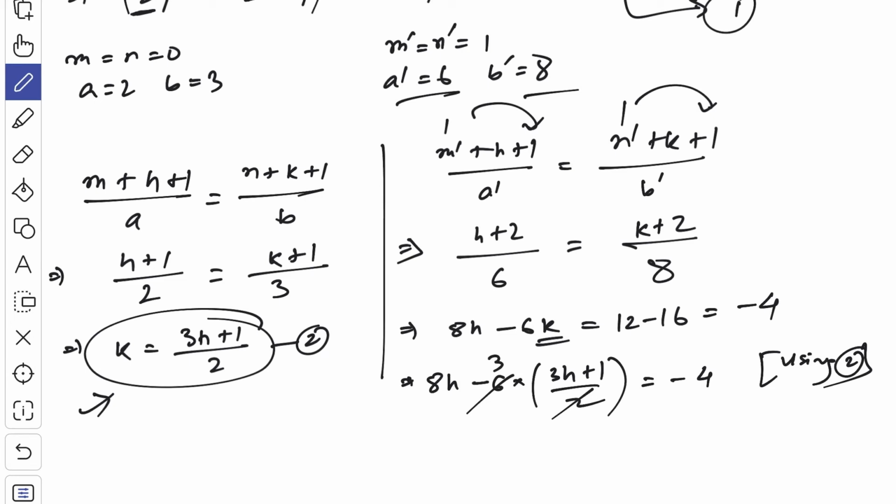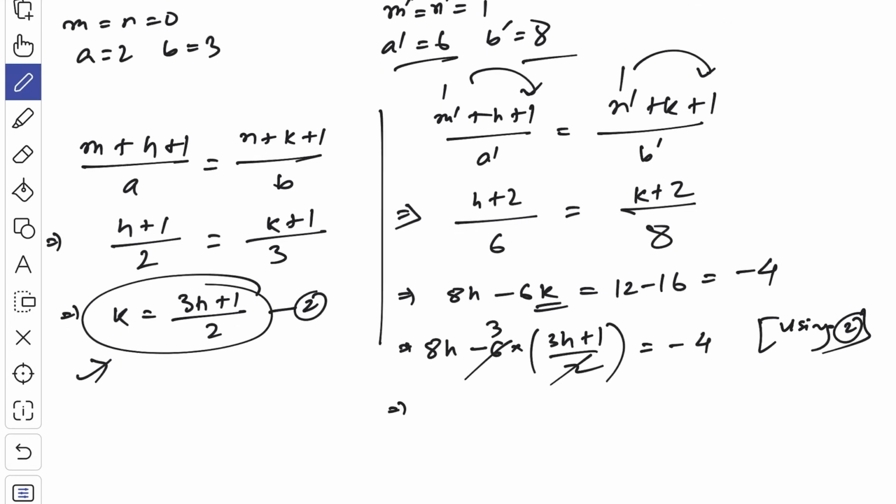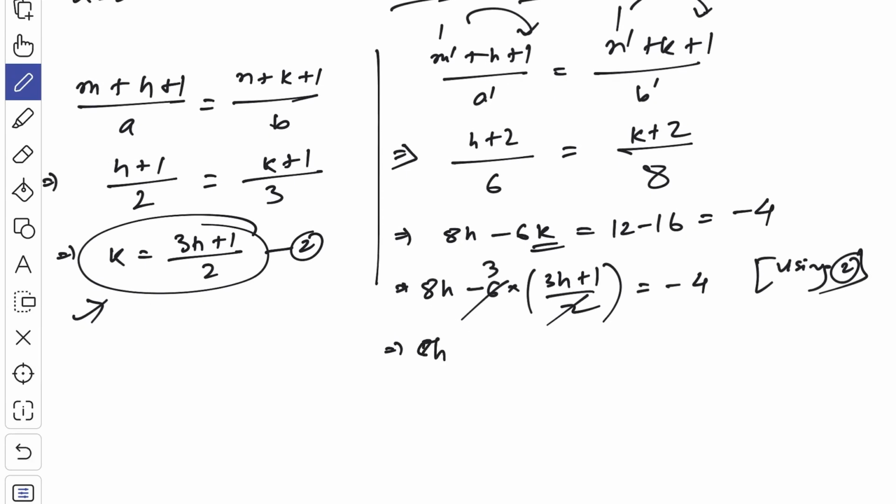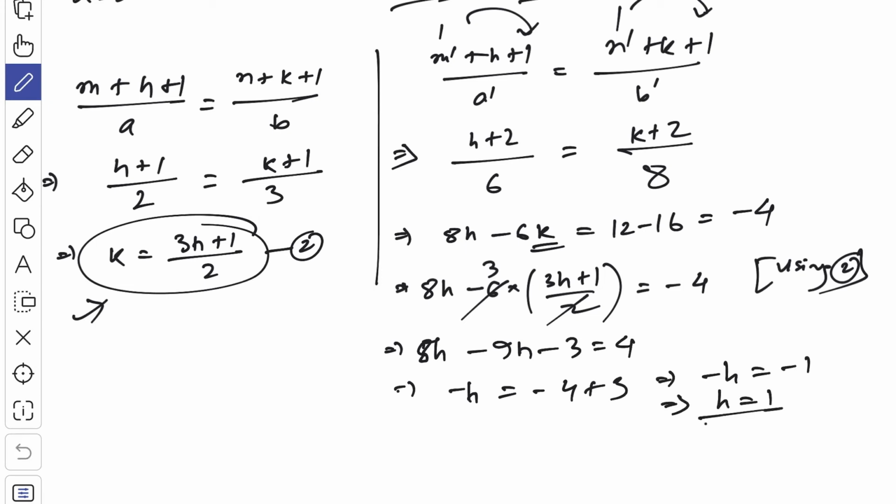So after simplification, what you will get, let me scroll down, 8h minus 9h minus 3 minus 4, then if you simplify this, minus h will be equal to minus 4 plus 3, then that's going to be minus h equal to minus 1, that means h is equal to 1.